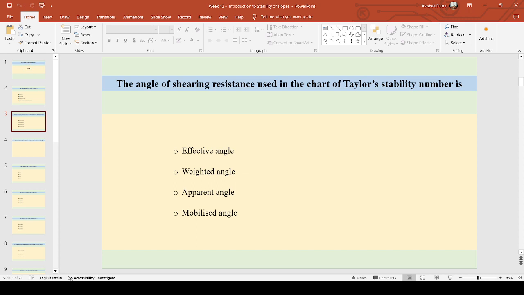I'll repeat the question once. The angle of shearing resistance used in the chart of Taylor stability number is, the options are effective angle, weighted angle, apparent angle, or mobilized angle. I'll go to the next question.